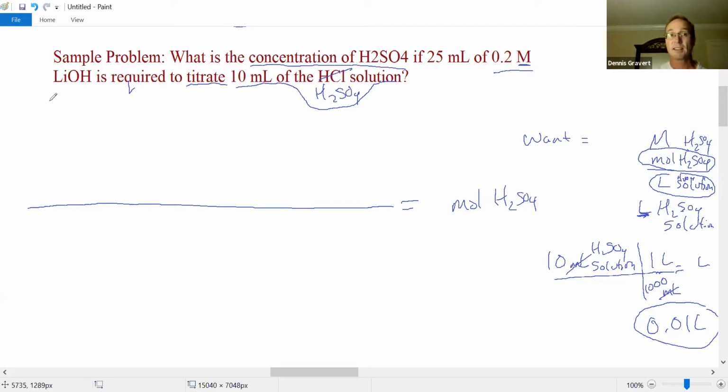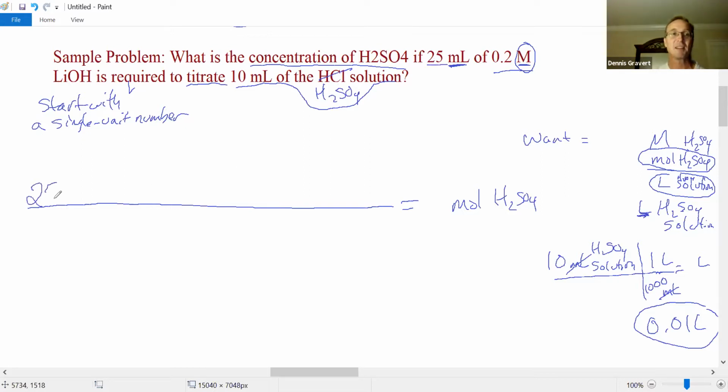So the guideline is to start with a single unit number. And I know that looks like a single unit, but molarity is actually 2 units hiding in there. 0.2 has 2 units. It's moles per liter. So you want to start with this single unit number.